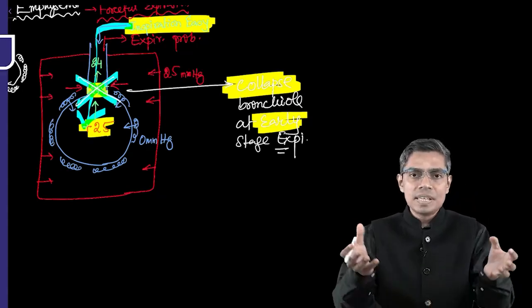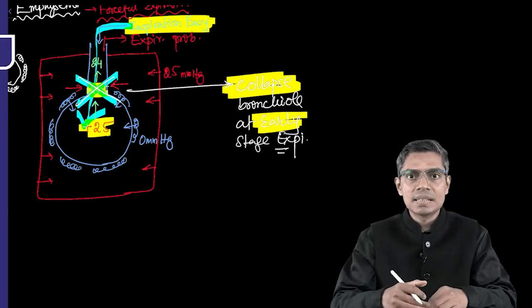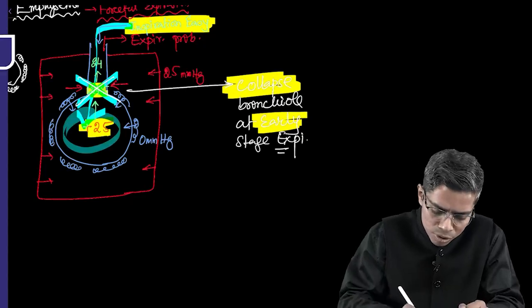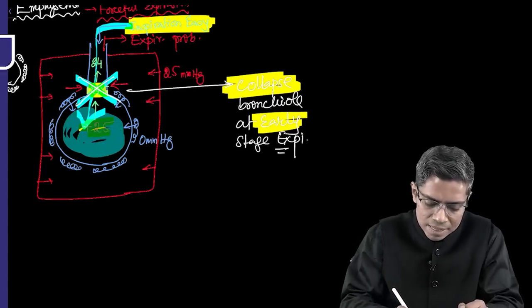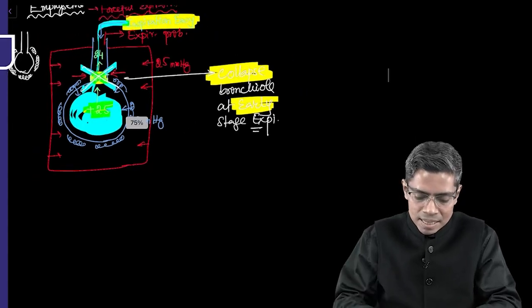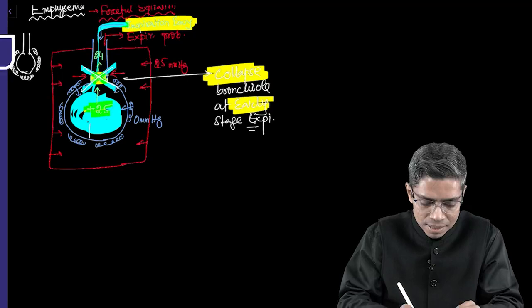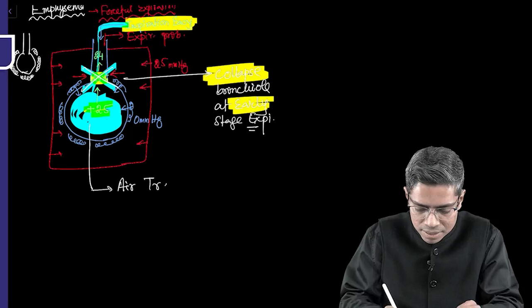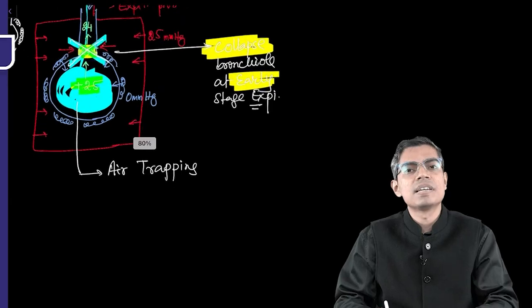So a very high volume of air is entering the lung, but very little air is going out of the lung. So most of the air remains inside the alveoli in a trapped condition, and that's why we say that there will be an air trapping phenomenon in emphysema.